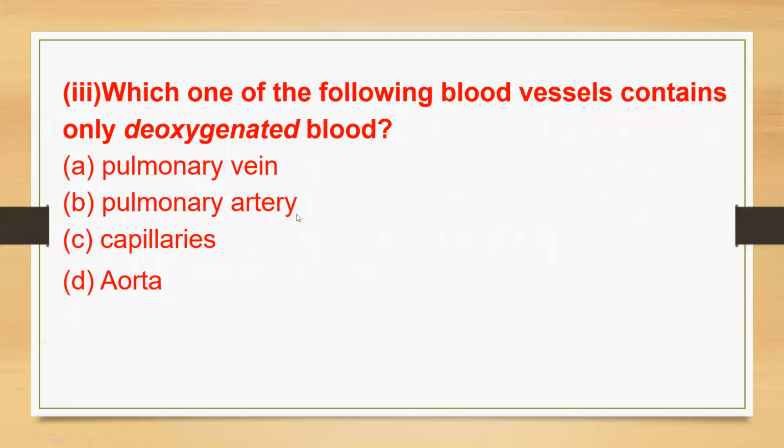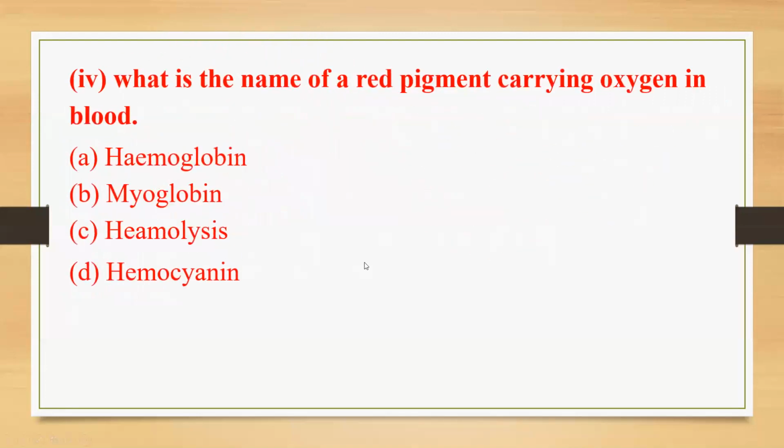The pulmonary artery is the only artery which carries deoxygenated blood, meaning carbon-rich blood. But all remaining arteries carry oxygenated blood except the pulmonary artery. That's why B is the correct option. Go for the next question.